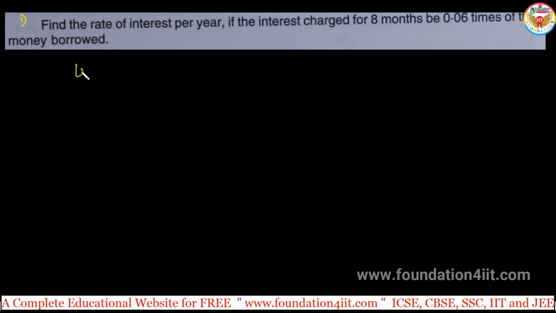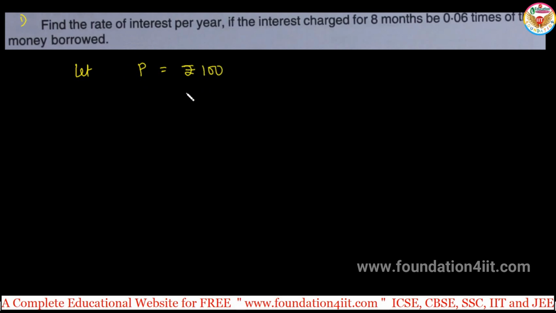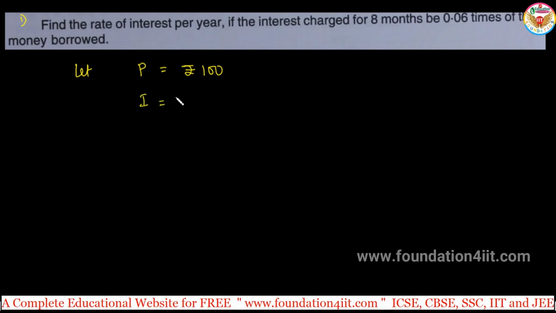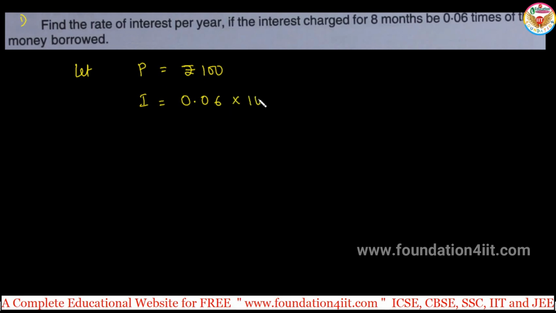So the principal P is rupees 100. The interest is 0.06 times the money borrowed. 0.06 into 100 is 6. So 6 rupees is the interest.